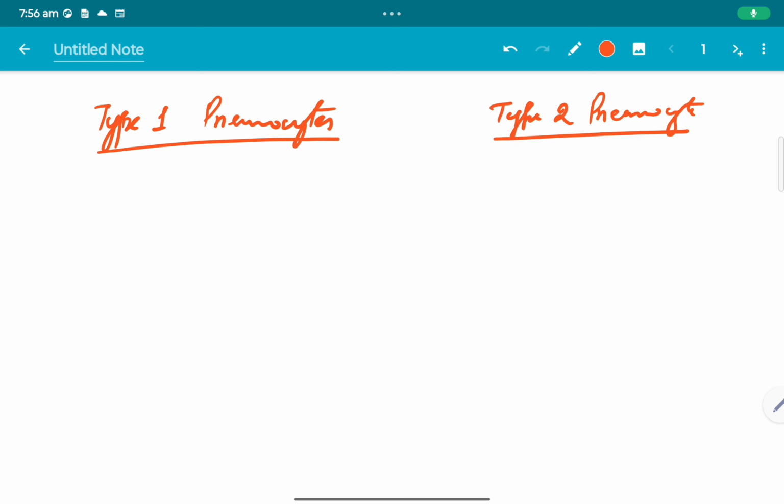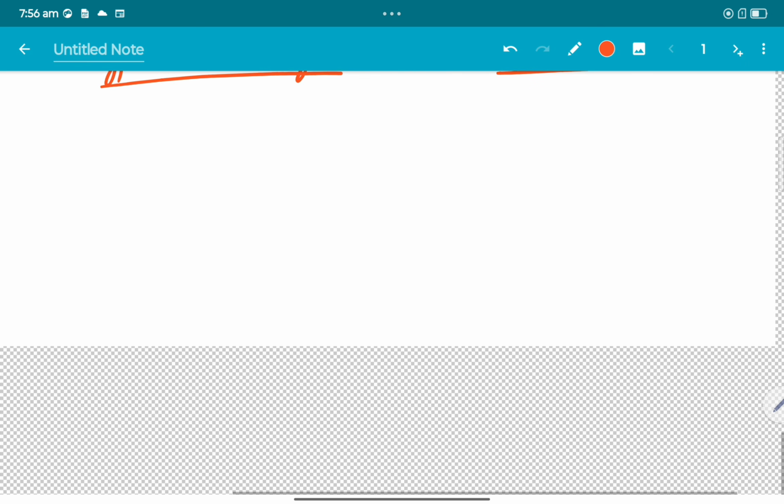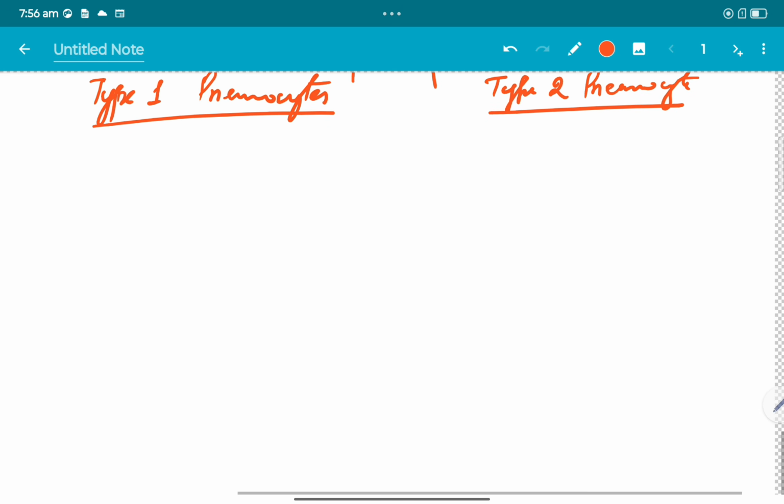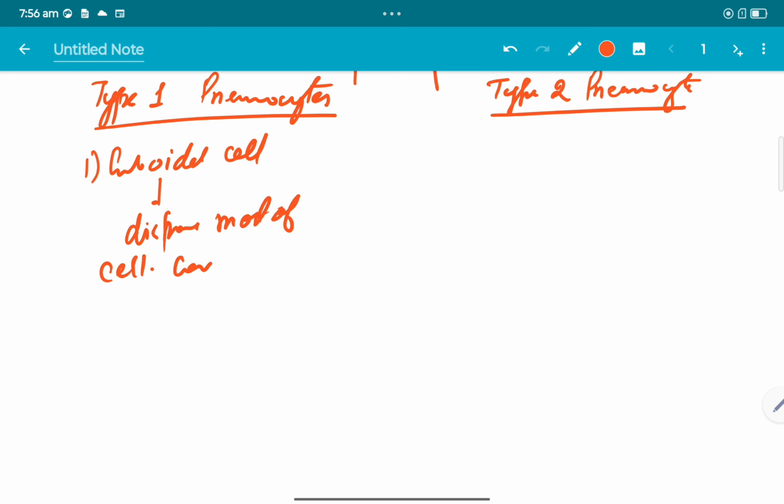There are two types of pneumocytes which are present in the canalicular period. Okay. So these two pneumocytes are type 1 pneumocytes and type 2 pneumocytes. The cuboidal cells which are present, they dispose most of their material and convert into ultra thin squamous epithelium.